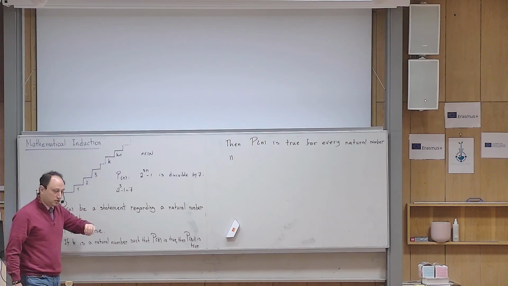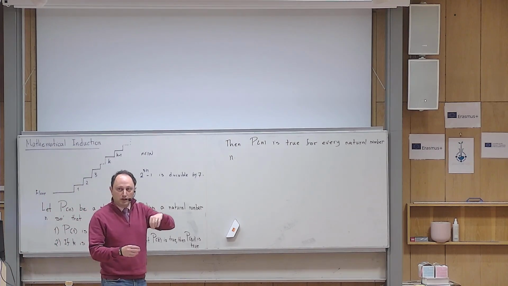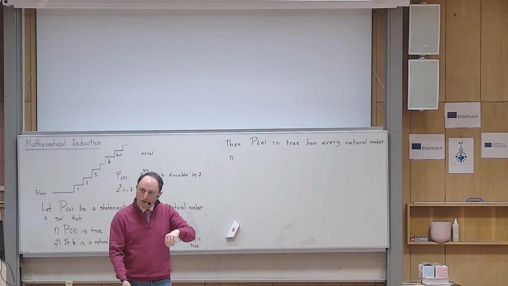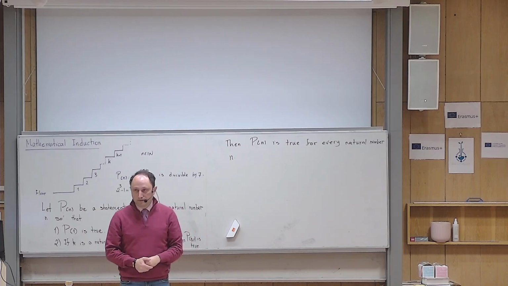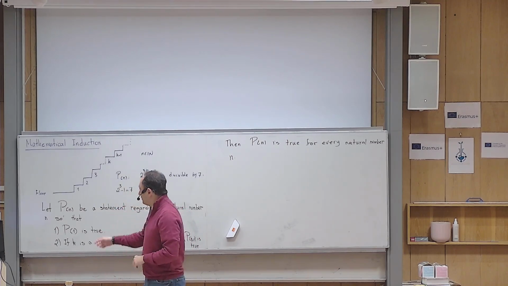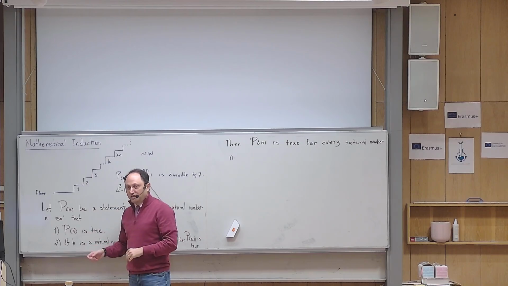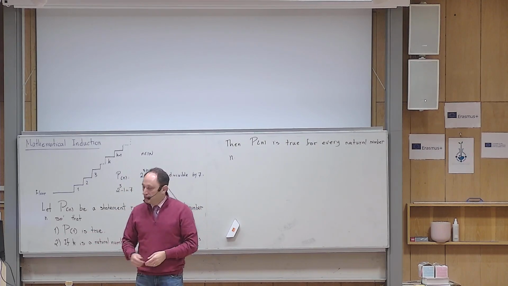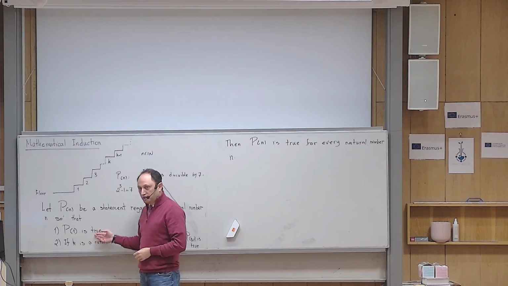I am just telling you that if you are on a level k, whatever k is, you can go to the next level, k plus 1. Okay? And the first one, I am guaranteeing you that you can be on the first level.